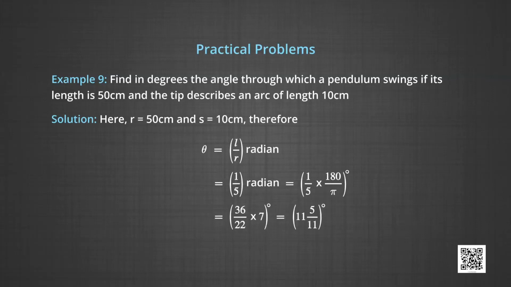So, on simplification, we get 36 upon 22 into 7 degrees, which is 11 5 by 11 degrees. 5 by 11, the fractional part, can be converted into 27 minute 16 seconds. So, theta, which was 1 by 5 radian, is equal to 11 degree 27 minute and 16 seconds.